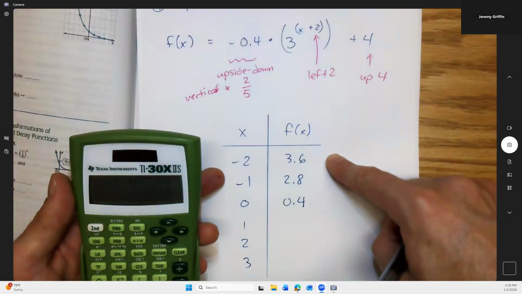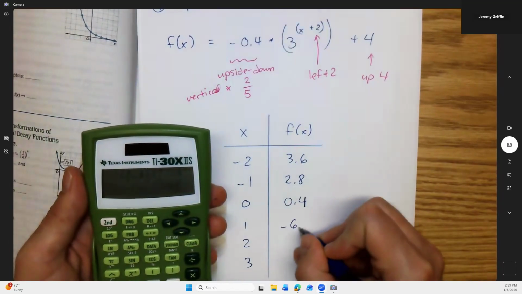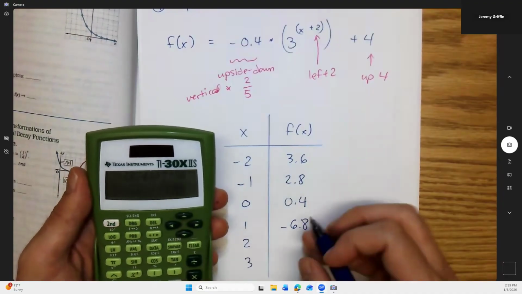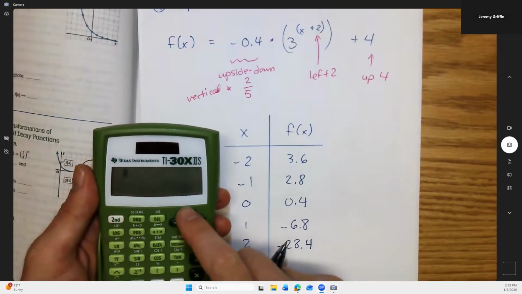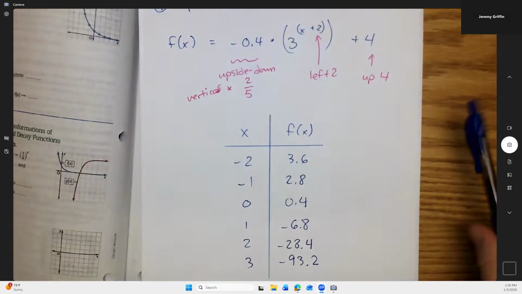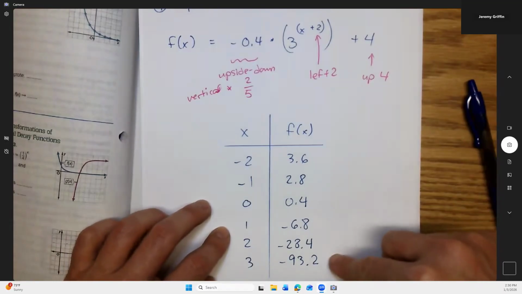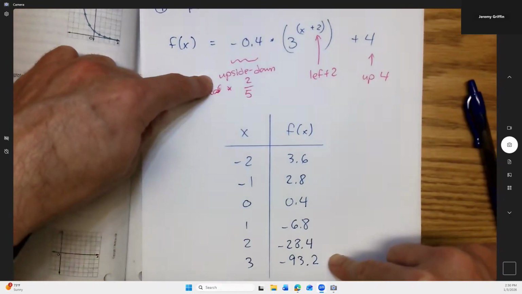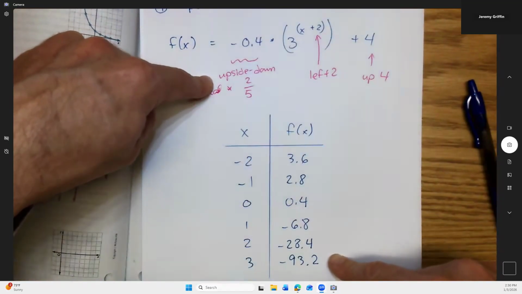If I plug in 1, I'm getting -6.8. If I plug in 2, I'm getting -28.4. And 3, I'm getting -93.2. See how it's taking off real fast, going in the negative direction? That's this upside down part of the exponential curve. So it's exponential growth, but it's just upside down.